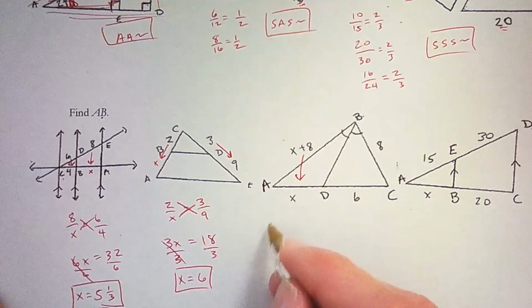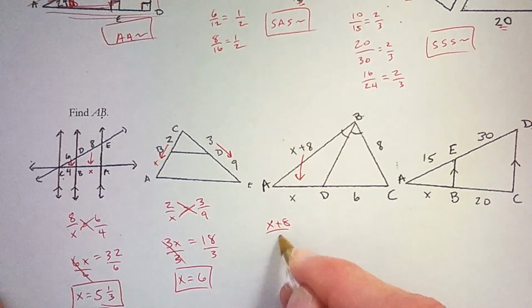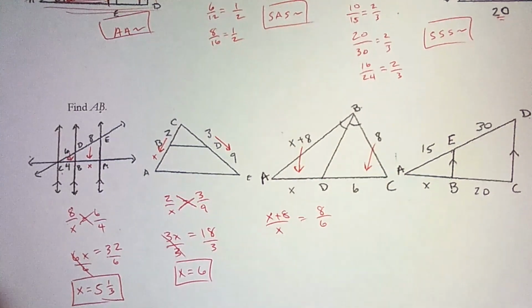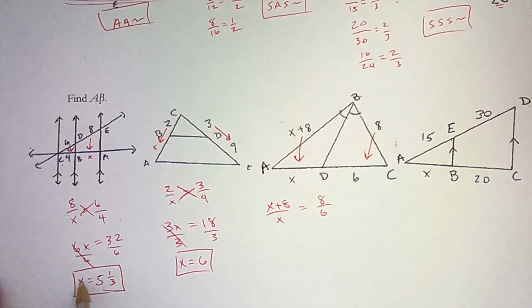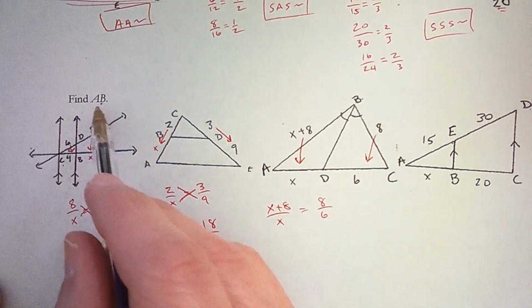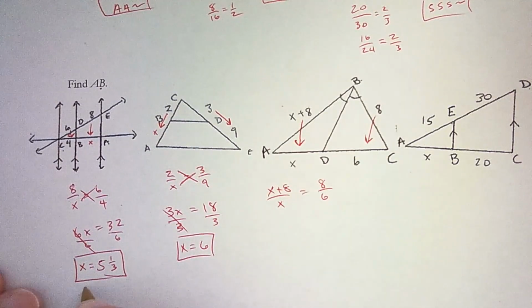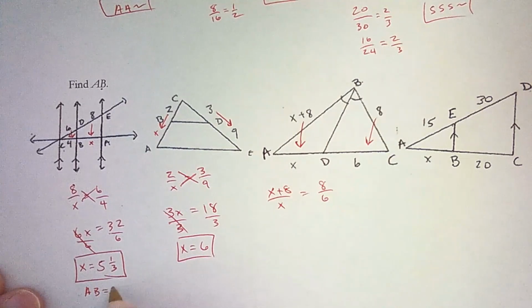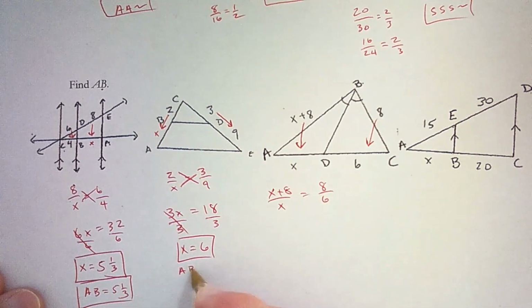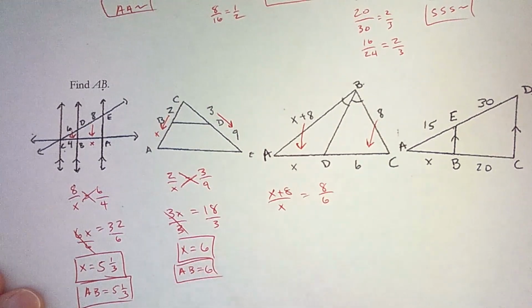Okay, then I have x plus 8 is to x as 8 is to 6. Now I should actually adjust my answer a little bit here because I kind of made up that x when I put that there. We're really looking for the length of segment AB, so I'm going to change that to the length of segment AB is 5 1/3. And the length of segment AB is 6.